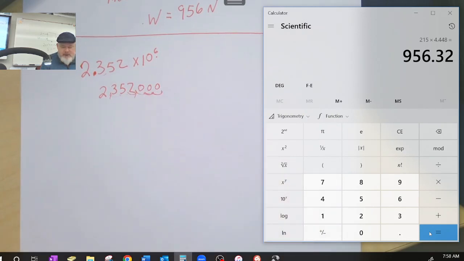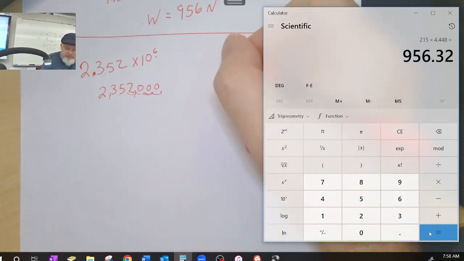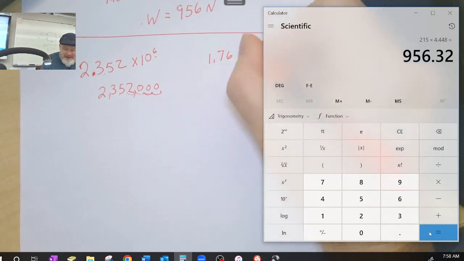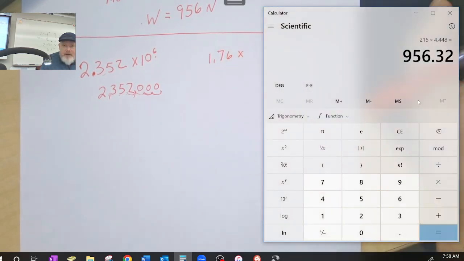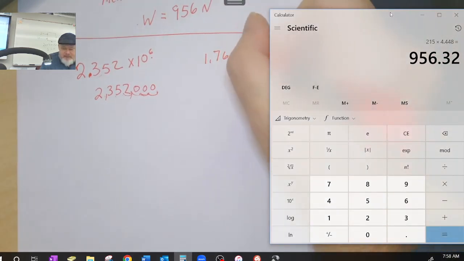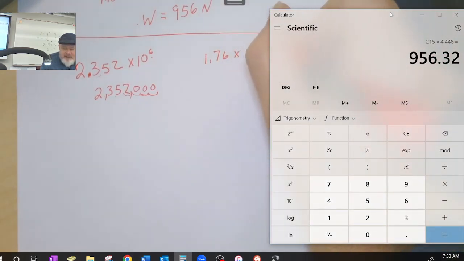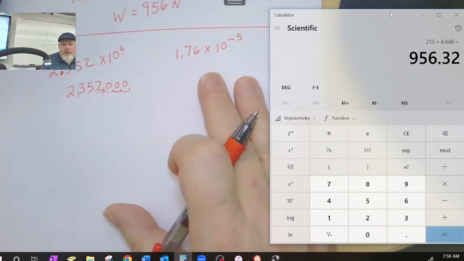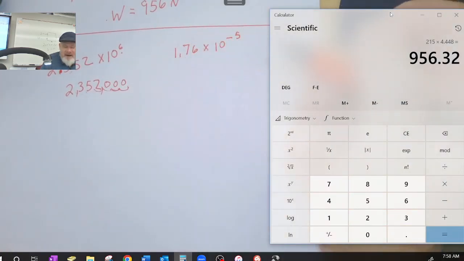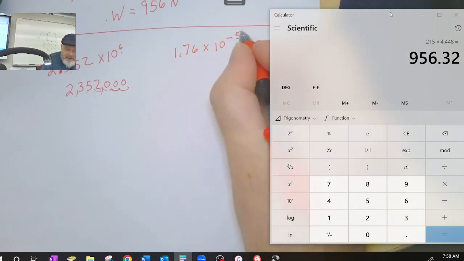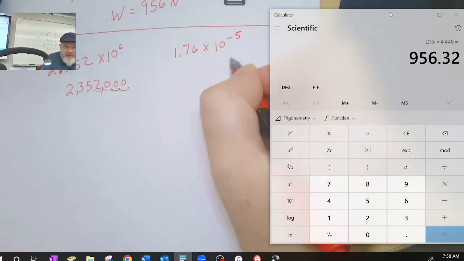All right. So conversely, if you see a number like this, 1.76 times 10 to the negative 5, let's say. 1.76 times 10 to the negative 5. Now what you're doing, the negative 5 just means I'm dividing by 10 5 times.